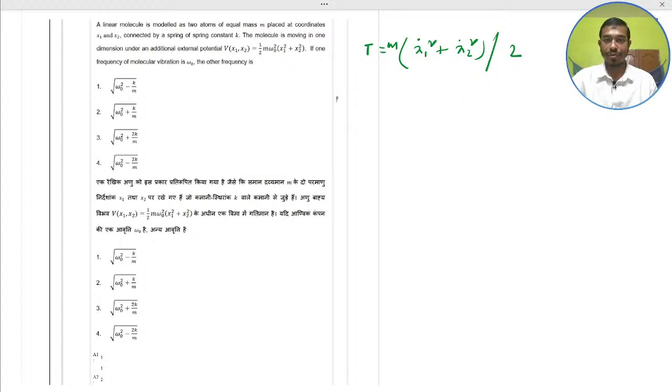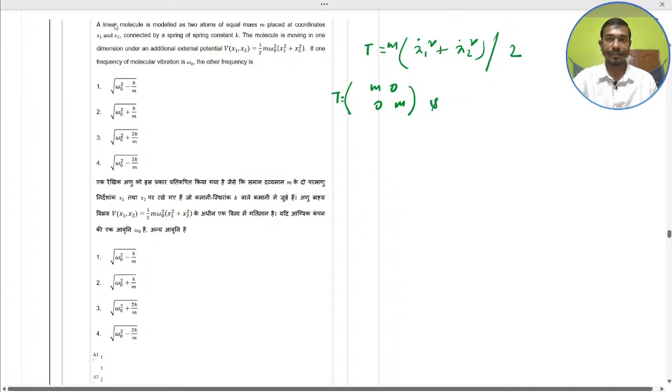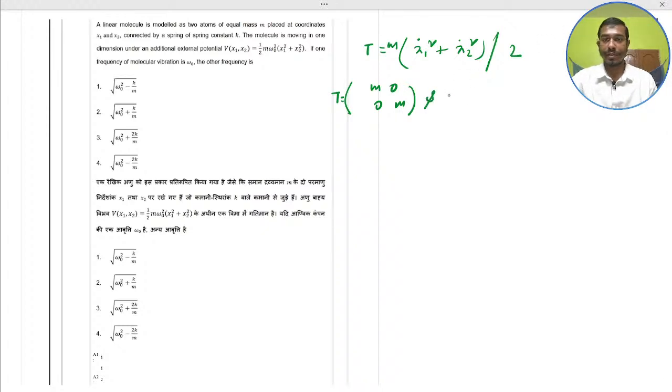So the kinetic energy in matrix form is the matrix m 0, 0 m, and the potential energy V is K plus m omega naught square, minus K, by the formula for kinetic energy and potential energy.